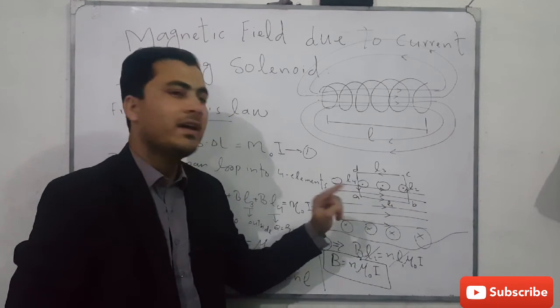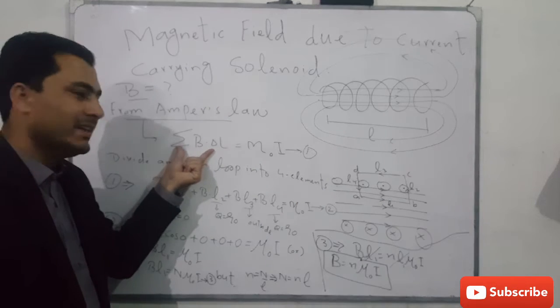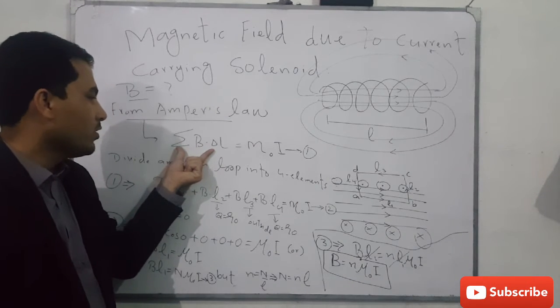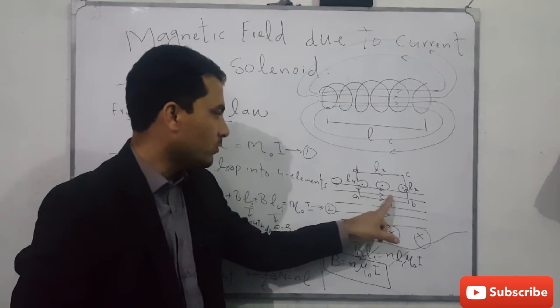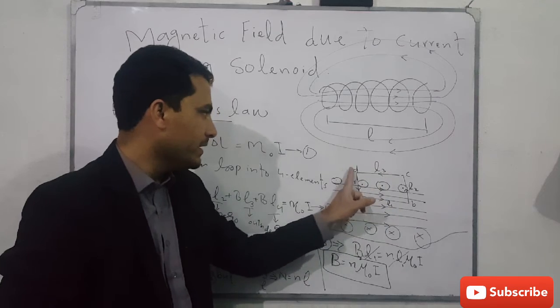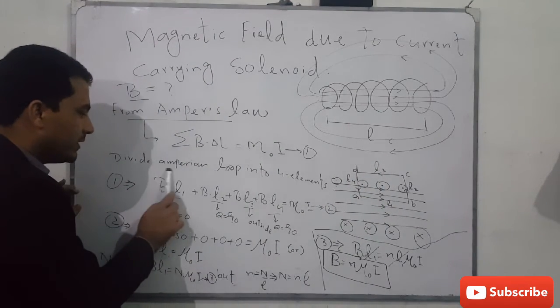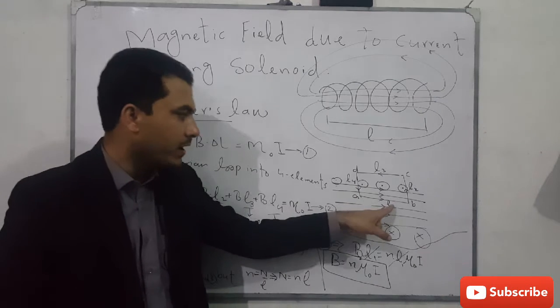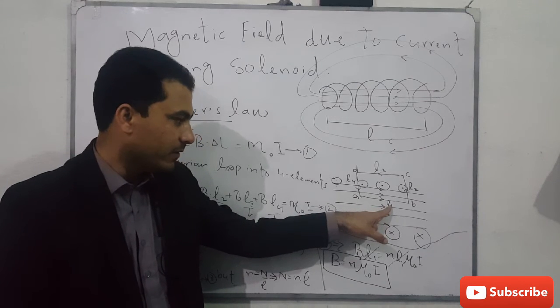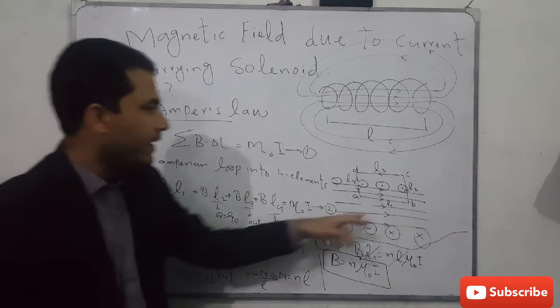So by expanding the left side of Ampere's law, we have 4 sections: B dot dL1, B dot dL2, B dot dL3 and B dot dL4. For section number 1, L1, we already stated that the magnetic field is parallel to L1, so we have B dot dL1, plus the L2 term.